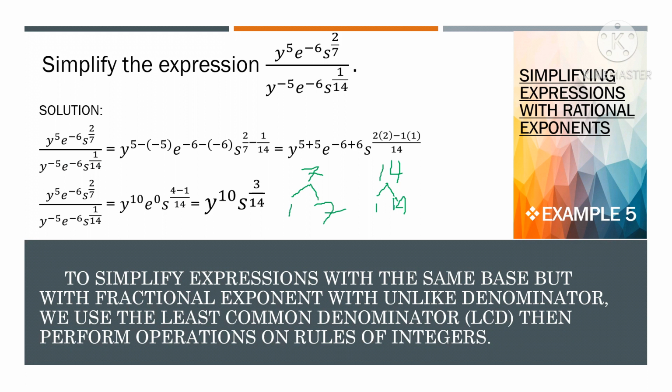Pero si 14, may factors pa siya, 'di ba? Which is 7 and 2. Ulitin ko po, ang factors po ni 7, 1 times 7, kasi prime number yan. Si 14 naman, 1 times 14, pero si 14, ang factors din niya, 7 times 2.